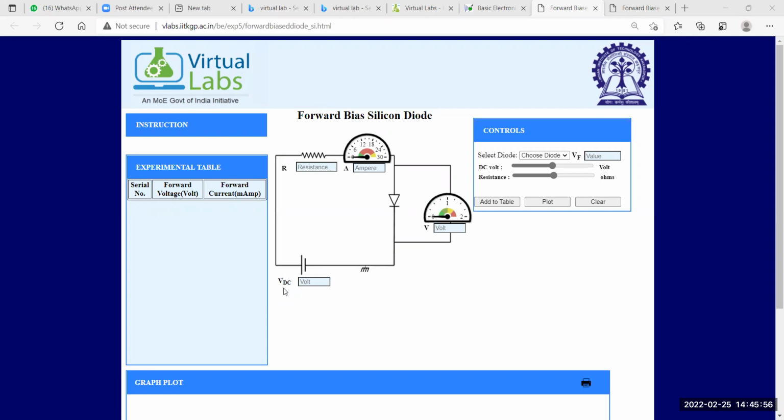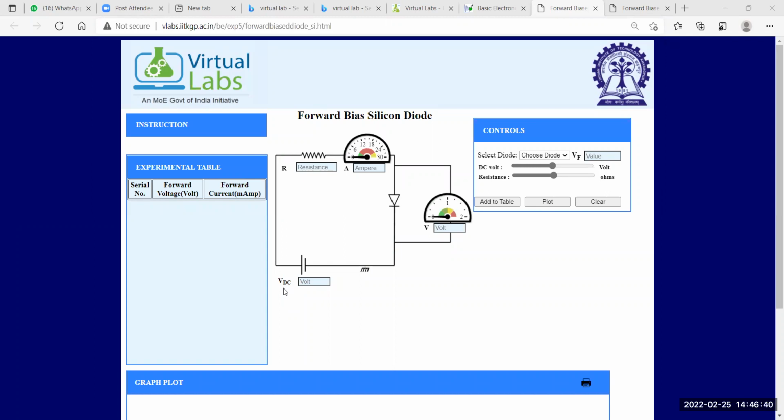Sir, DC voltage. Okay, no issue. What is the full form of VDC? Sir, voltage device circuit. Who told you? Sir, I'm not sure, I just said that. Why are you telling me?